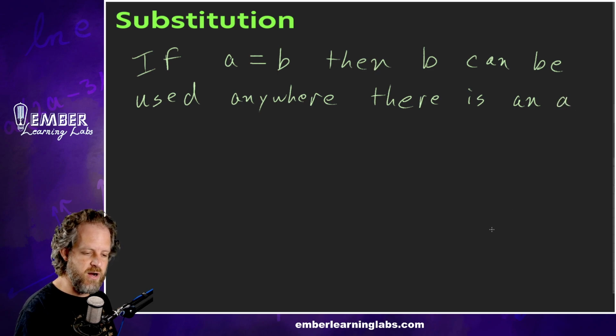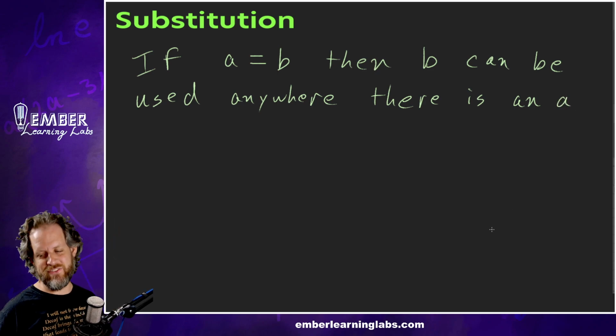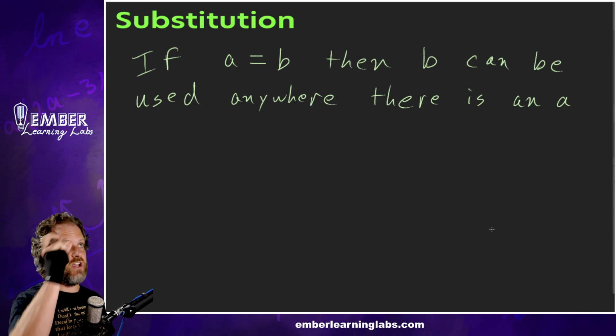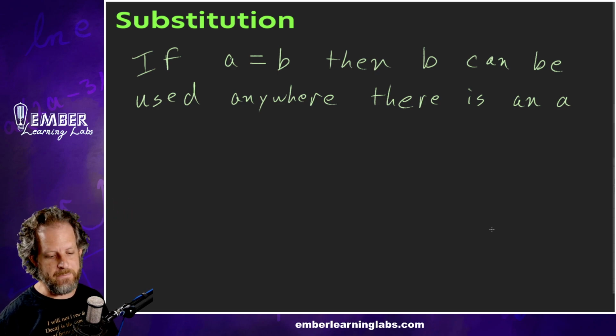We use the substitution property a lot in geometry, right? If this all equals that, then we can take this little chunk right here and we can shove it up in this other place, right? We use that a bunch in geometry.